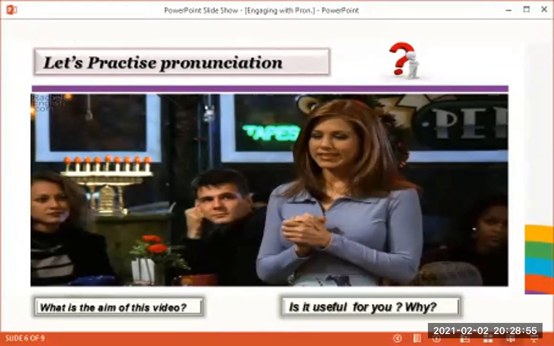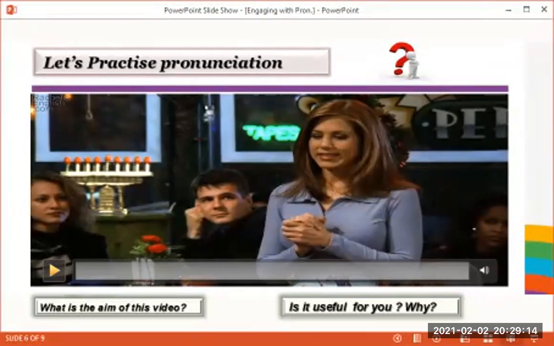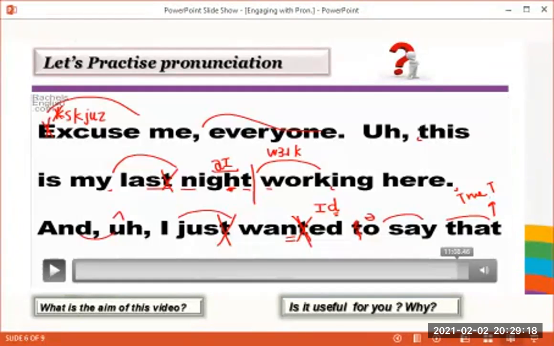to say. I just want. You hear that the letter T in the sentence. She didn't pronounce letter T. She said wanted. Okay. We have 3 T in this. I think we have 3 T. Yes.